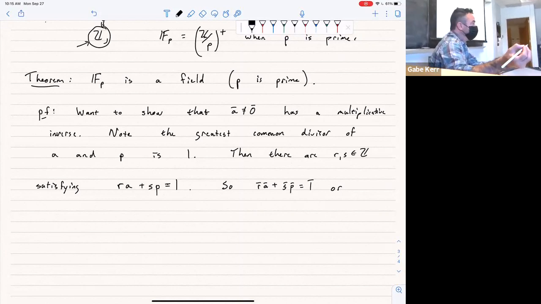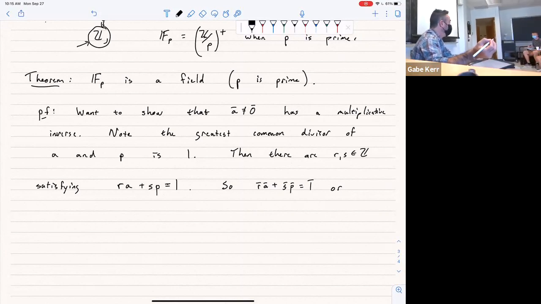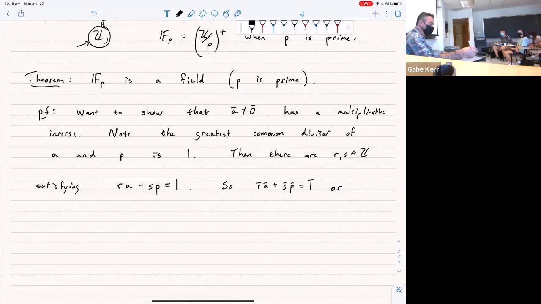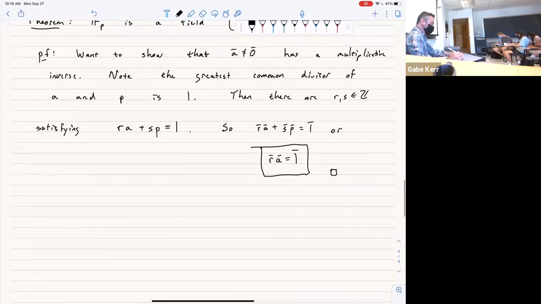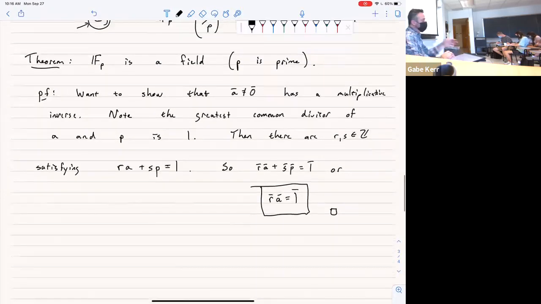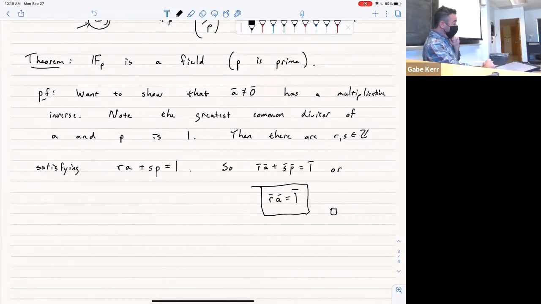P is divisible by P, so this thing is 0. What is R called? Multiplicative inverse. Great. Bezout helps us again. So now what we see is that we always have a multiplicative inverse, as a part of the definition for a field.